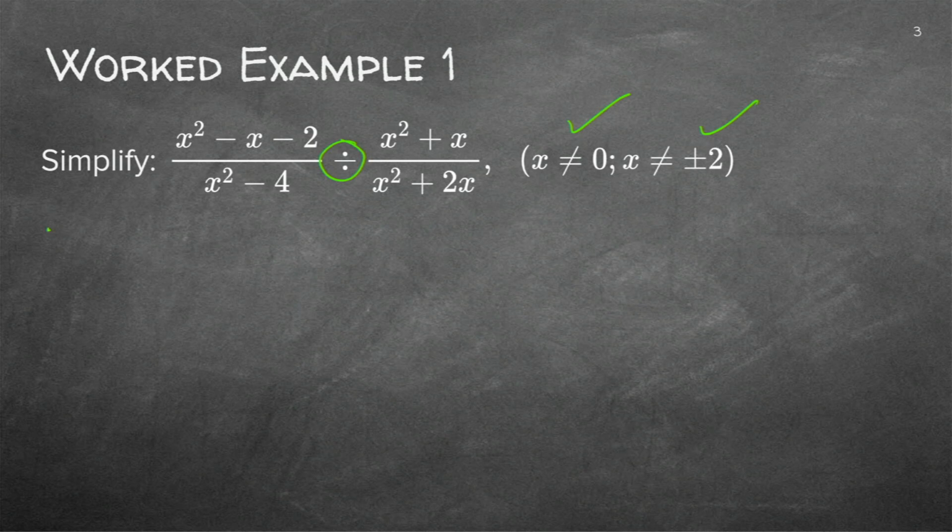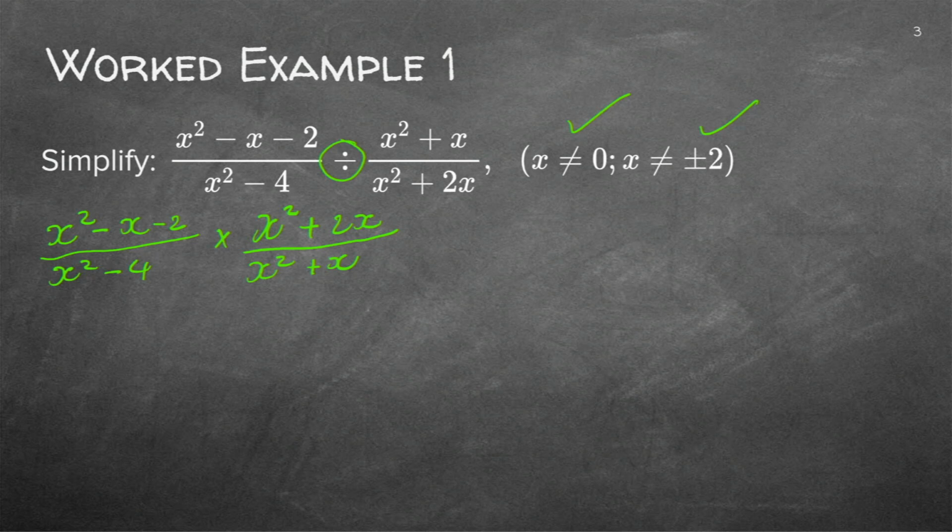We are going to have x squared minus x minus 2 divided by x squared minus 4, times x squared plus 2x divided by x squared plus x. So now we have inverted and multiplied.